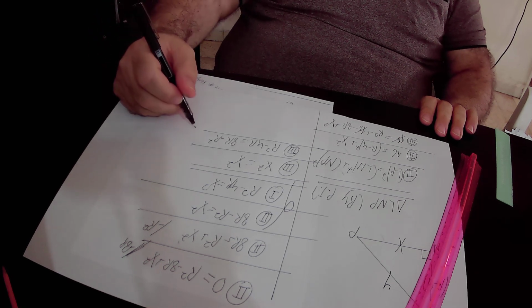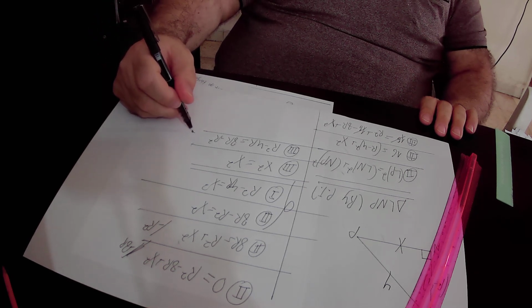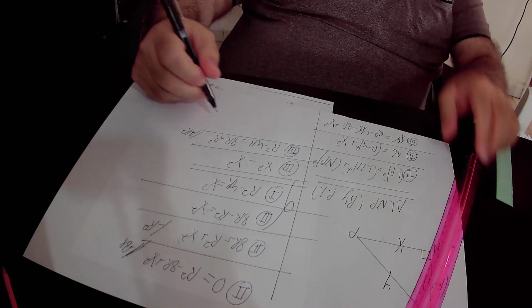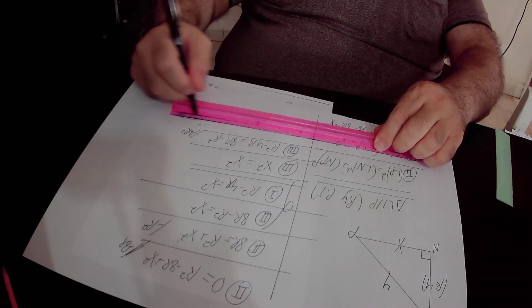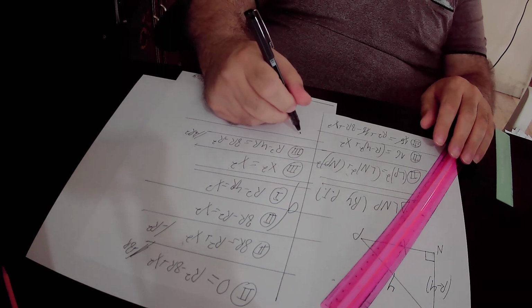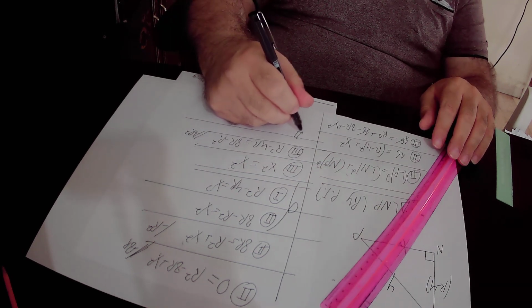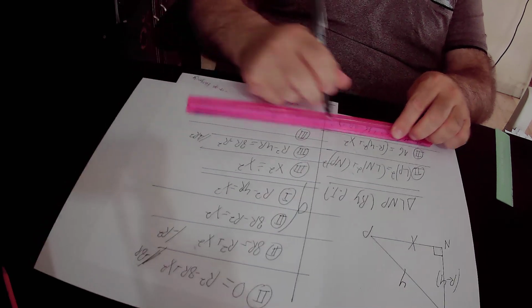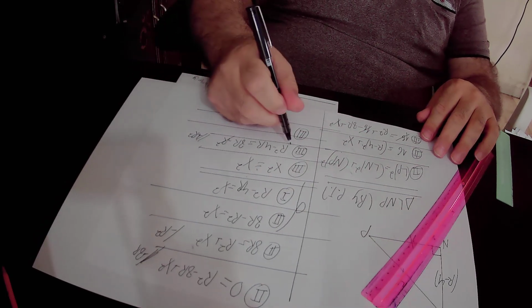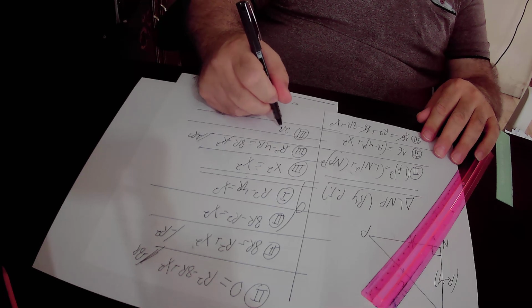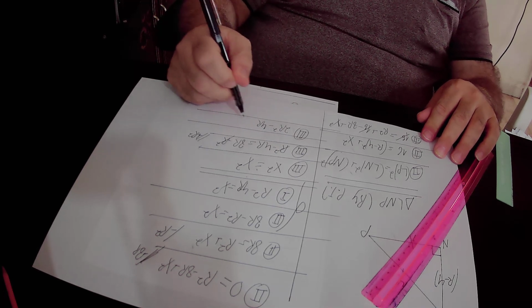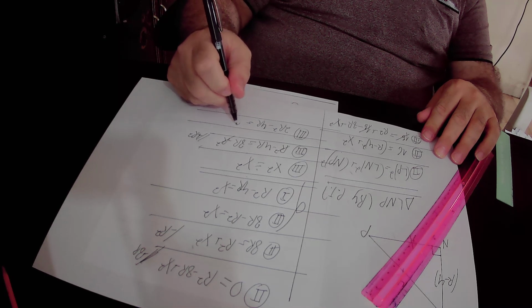Here we will add r squared to equation number 3, and we get that r squared plus r squared is 2r squared, minus 4r equals 8r.